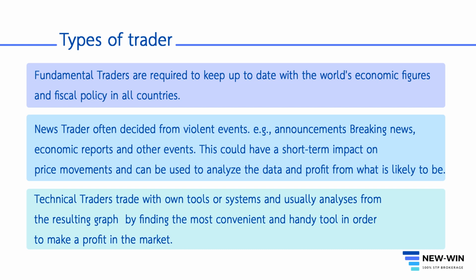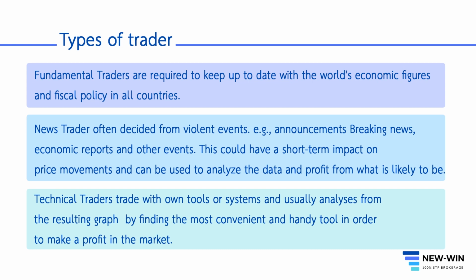This type of trader is required to keep up to date with world economic figures and fiscal policy in all countries. News traders are often driven by violent events, for example, announcements, breaking news, economic reports, or other events.